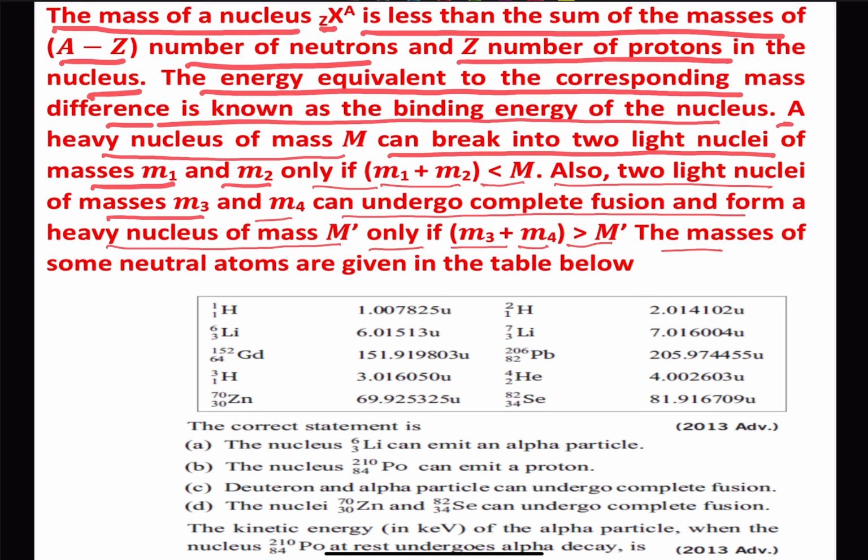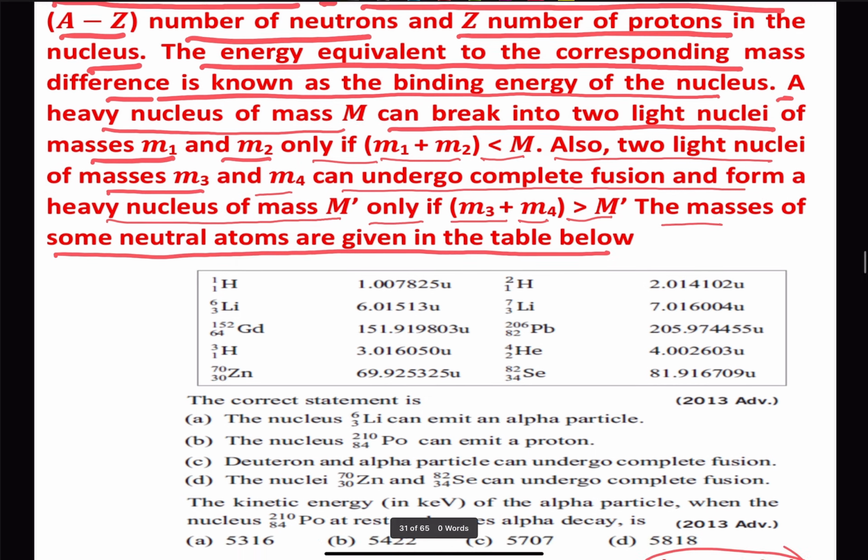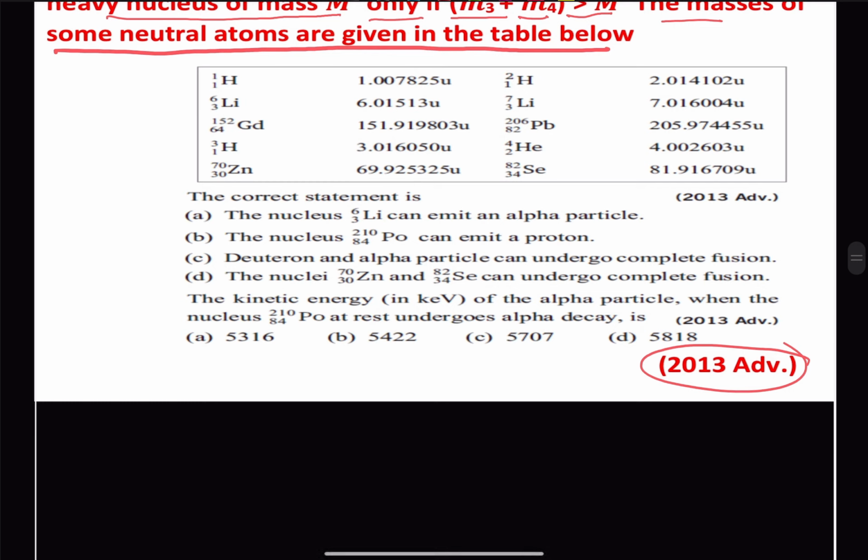The masses of some neutral atoms are given in the table below. So based on this, we have two questions. In part A, the correct statement is asked, and in part B, it asks for the kinetic energy of the alpha particle when the nucleus of polonium at rest undergoes alpha decay.